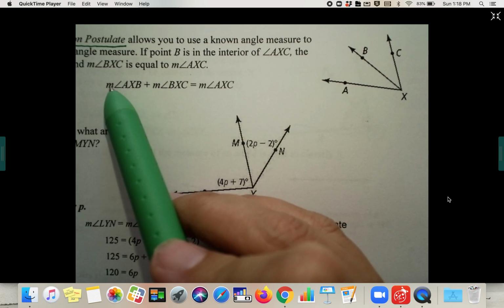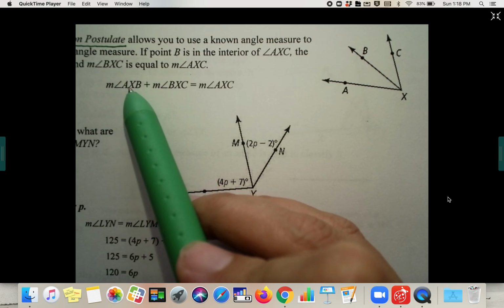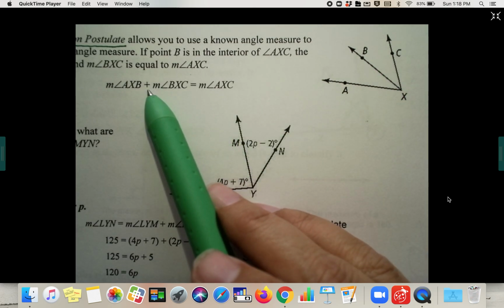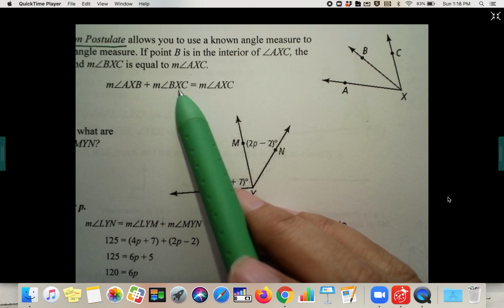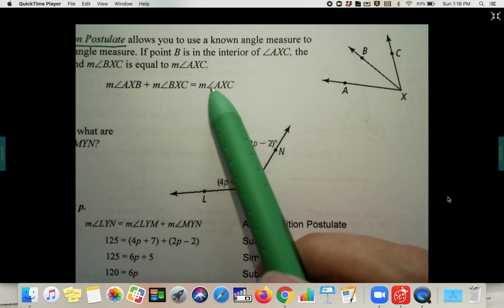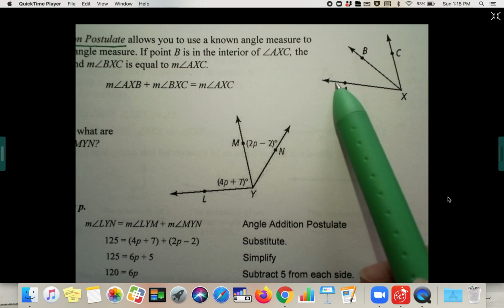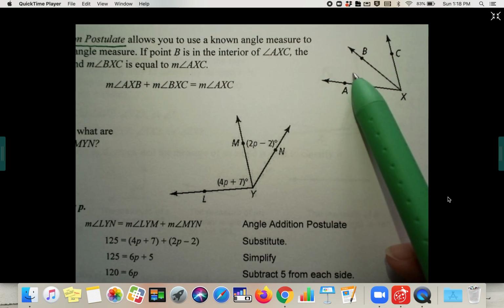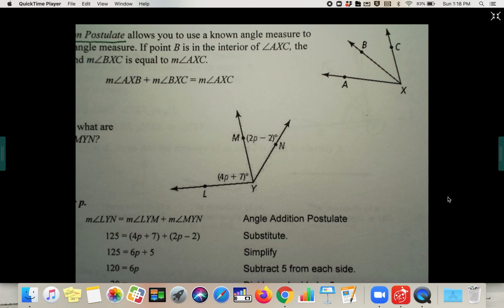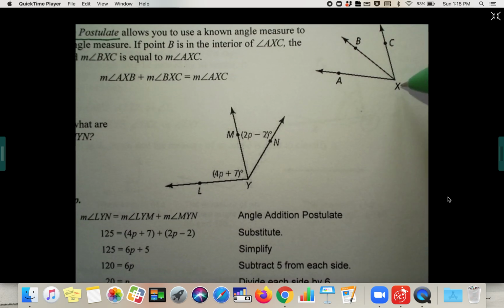So when you're reading it, you say the measure of angle AXB, which is this one on the left, plus the measure of angle BXC, which is the one on the right, equals the total measure of angle AXC. AXC is the whole thing. So this angle plus this angle equals the measure of the whole angle. All right, and this is an example of when you can't call it angle X.